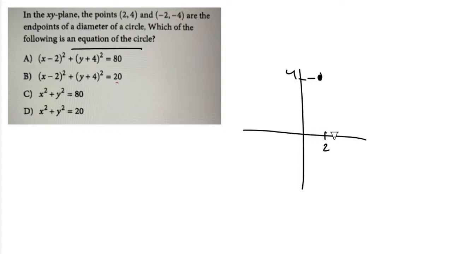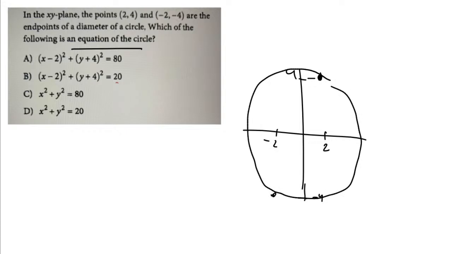And the other one is minus 2, and this is our minus 4. So the diameter is this. I know that it should cross here because they are just opposites of each other, right?